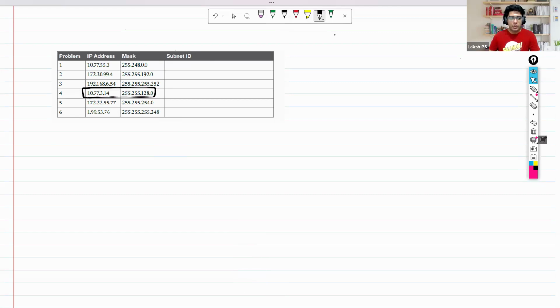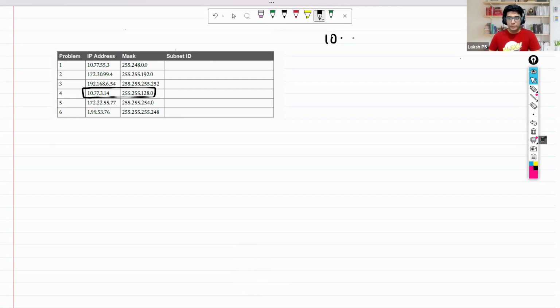Whatever we discussed till now, the P bits, the host bits, the subnet bits, and calculating the network ID and the subnet ID, everything, let's use our knowledge of that discussion and put it into use with this IP address.